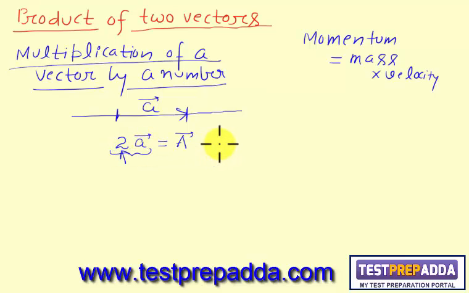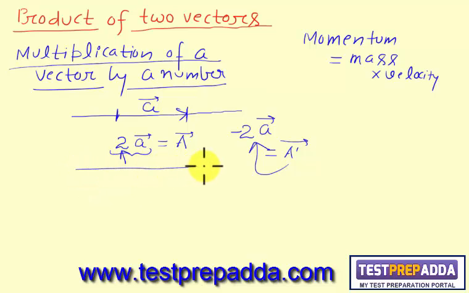For example, if I multiply the number -2 with the vector A, then I will get another vector A dash, but this time the magnitude is doubled. You will not say that magnitude is -2 times the previous one. The direction is changed.